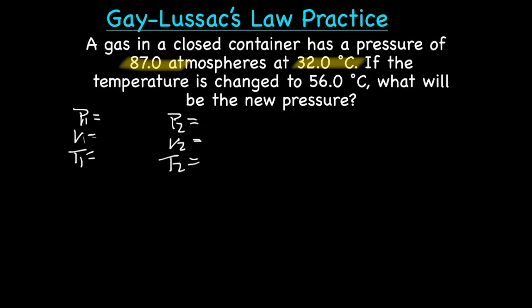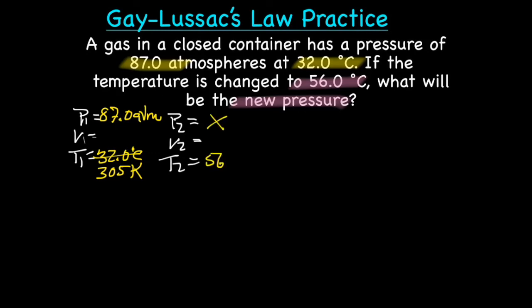If the temperature is changed to 56 degrees Celsius, what will be the new pressure? So our pressure 1 is 87.0 atmospheres, and our temperature 1 is 32 degrees Celsius, which we need to change to Kelvin, which gives us 305 Kelvin. Our pressure 2 we don't know.